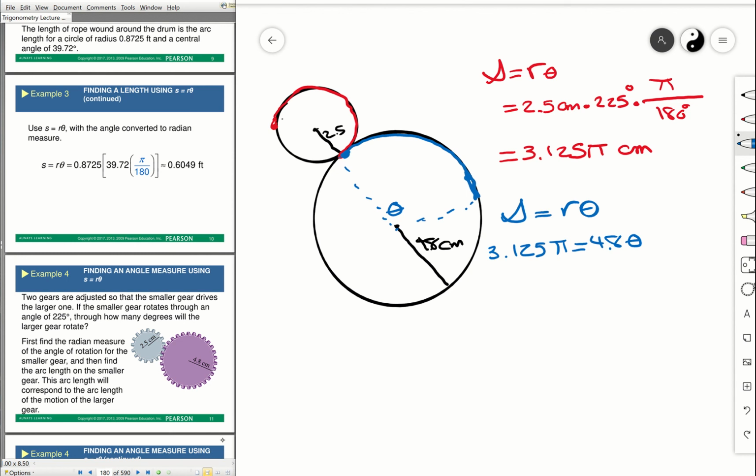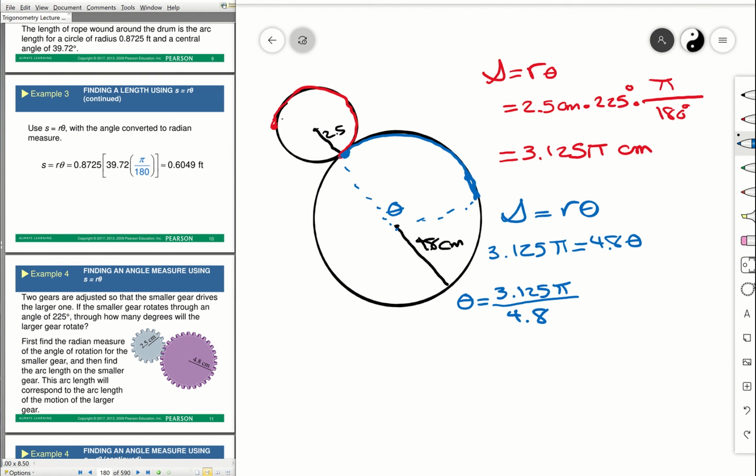Now we solve this equation for theta, and we get theta equals 3.125 pi over 4.8.